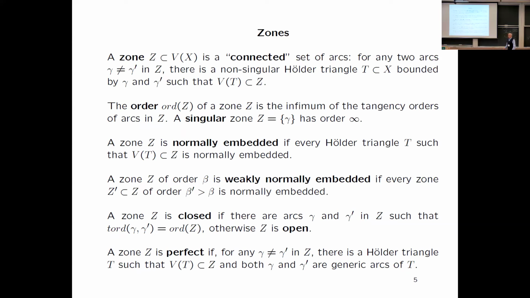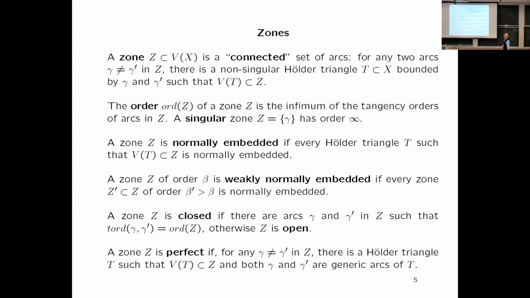So now we want to identify certain structures inside of our space of arcs, and an important notion is a zone, which is an analog of an interval in the space with non-Archimedean metric.